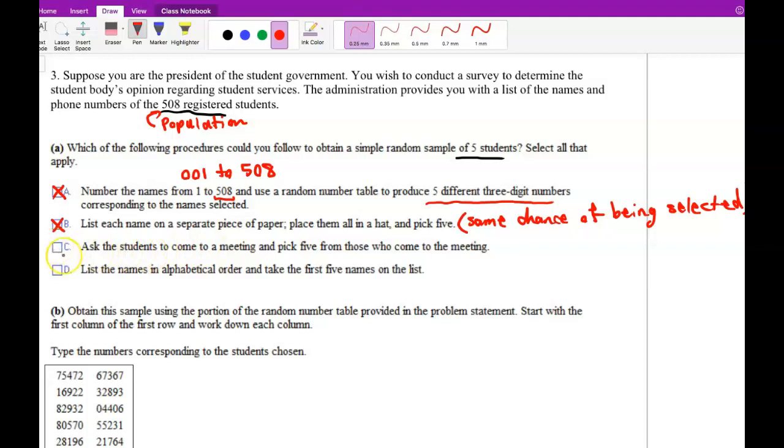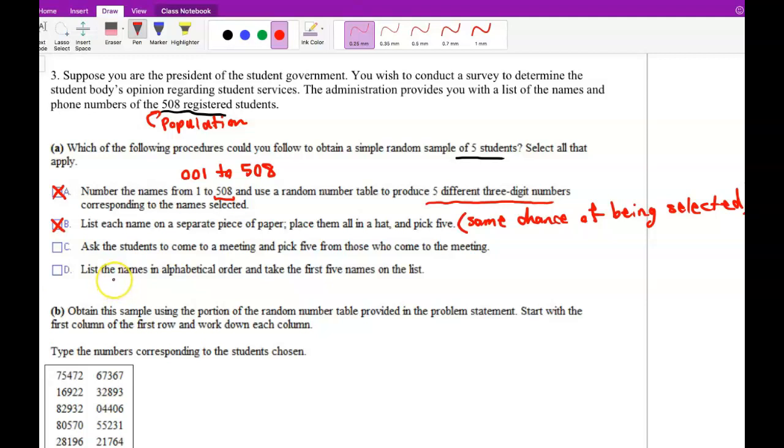I'm not able to have this part. Then part D, list the names in alphabetical order and take the first 5 names on the list. This is worse than that. This part D is worse than part C. That's not fair to use this.